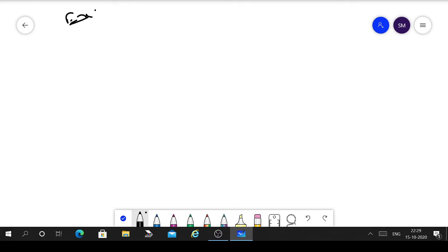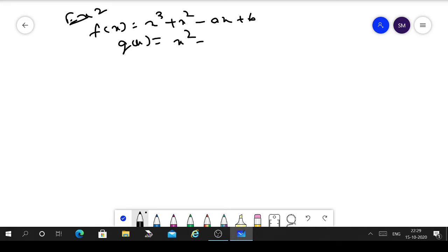Some previous year CBSE board questions of polynomial. f(x) is equal to x cube plus x square minus ax plus b, and g(x) is equal to x square minus x, and g(x) is a factor of f(x).